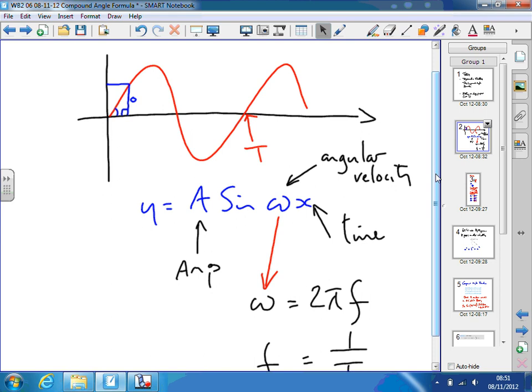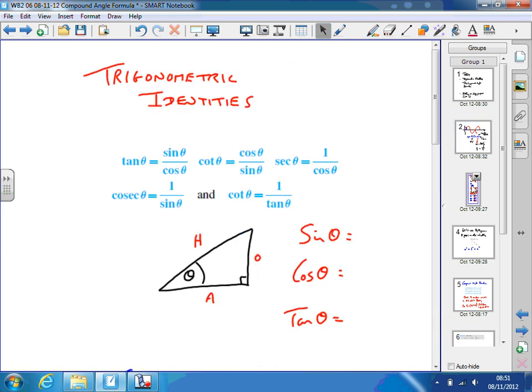So actually what this wave is doing is tracking out for various angles what the sine of that angle is, what the length of the opposite side is. So we can write down those trigonometric ratios, what the sine is and what the cosine is and what the tangent is. And then we can use that to make up a few more identities.